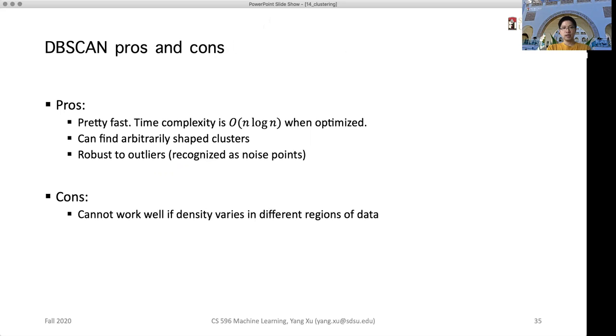But it cannot work well if the density varies in different regions of the data. Some clusters are pretty far away, but they still show some kind of clustering patterns.